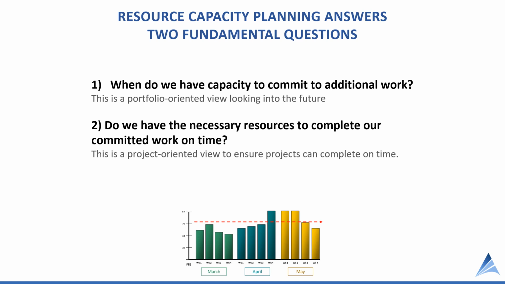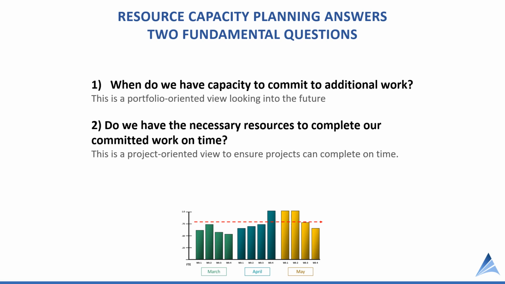And capacity planning answers two fundamental questions. At the portfolio level, it helps us to understand, do we have capacity or availability to take on new work? Super important when we're talking about work intake, stage gate, etc. When can we take on new work? It's a big question that senior leaders are asking at most portfolio review meetings.